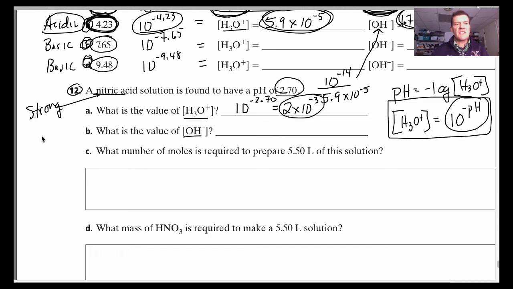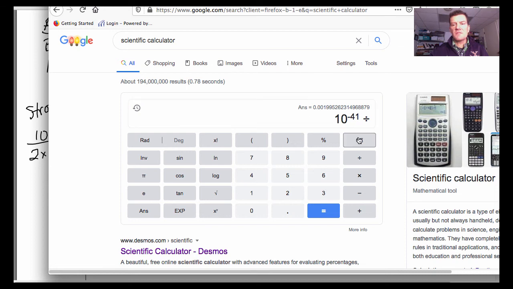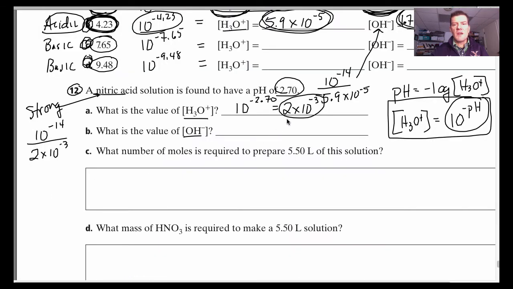The hydroxide then is going to be what? 10 to the negative 14 divided by my hydronium concentration. So I'll go 10 to the negative 14 divided by my 2 times 10 to the negative third.